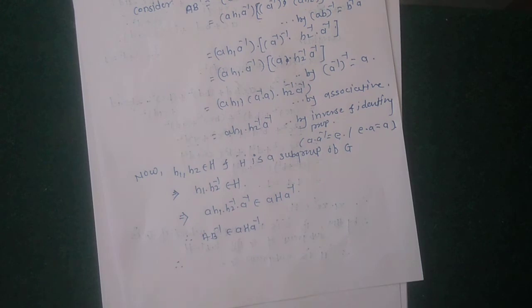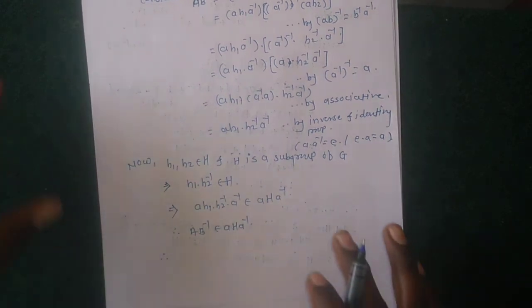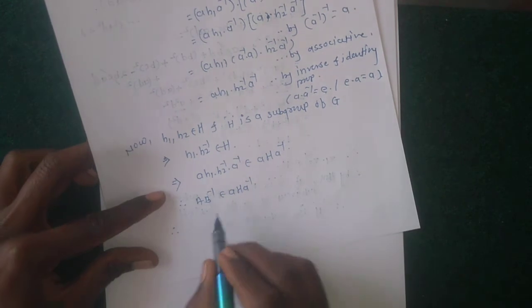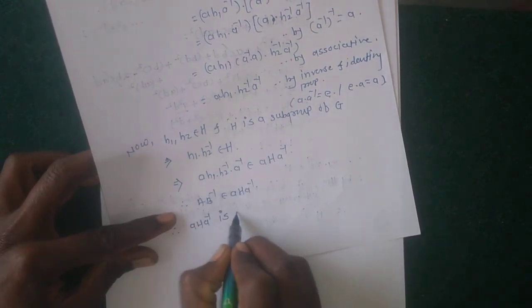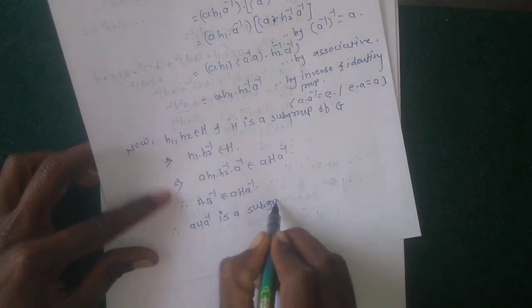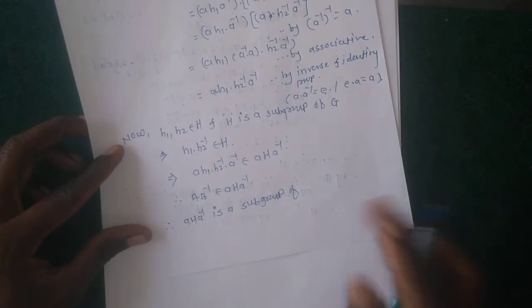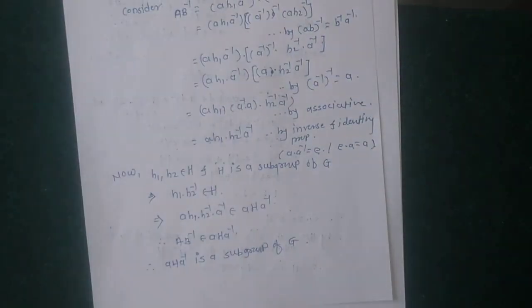S is a subgroup of G if and only if AB inverse belongs to S. This theorem is called the two step subgroup test. Therefore A H A inverse is a subgroup of G.